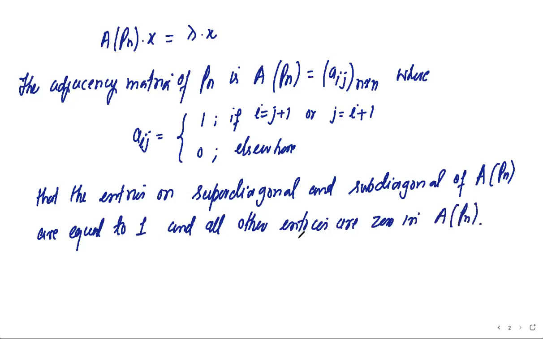So this is how we define the adjacency matrix of the path graph Pn.